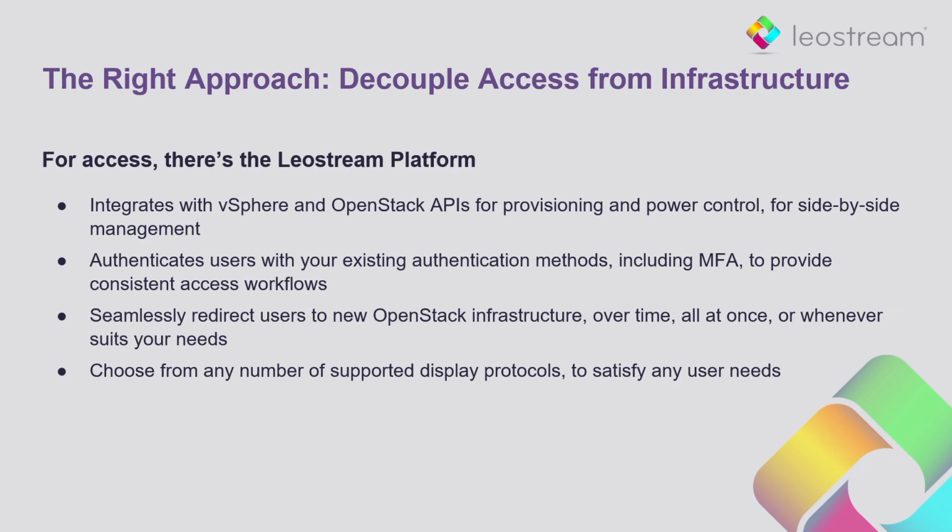There are a number of ways that you can do this within LeoStream, so that you can do it over time, all at once, whatever suits your needs, so that you get this seamless end user experience. And users don't need to know that they're moving off of one hypervisor to another.